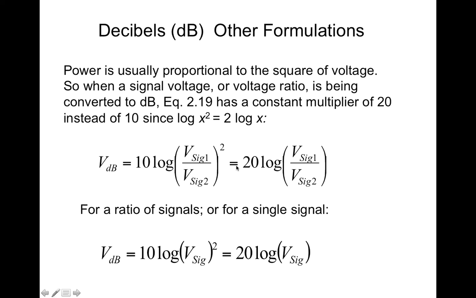So the 2 comes out front and we end up with 20 log times the voltage of signal 1 over the voltage of signal 2. It's possible to just talk about voltage in dB for a single signal, in which case you just take 20 times the log of V of the signal. So basically it's 20 log of signal 1 over signal 2.